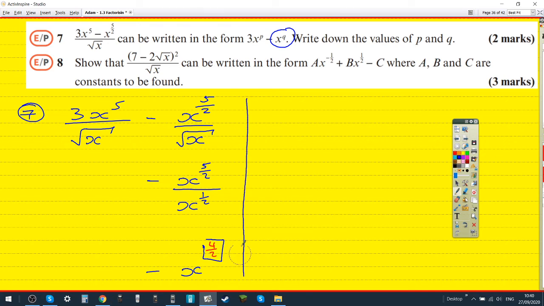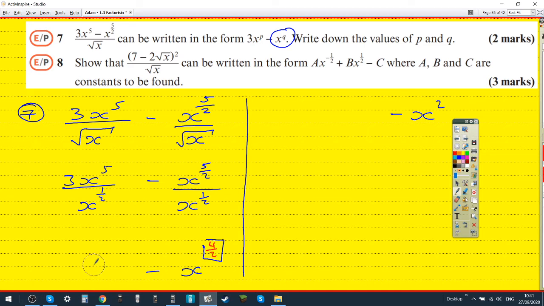Okay. So it'd be 3x to the power of 5 over x to the power of a half. What's next? And then it would be 5 minus a half. So it'd be 4.5, but that'd be a fraction. 4.5 is fine. And so what's the full thing?